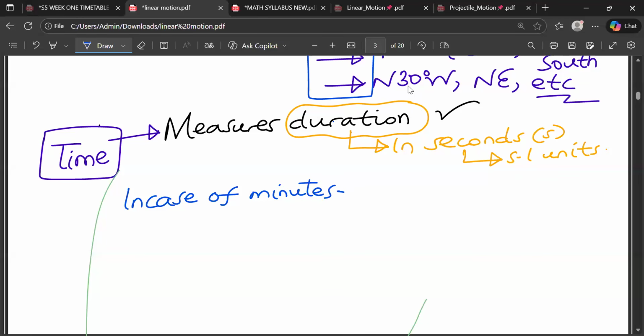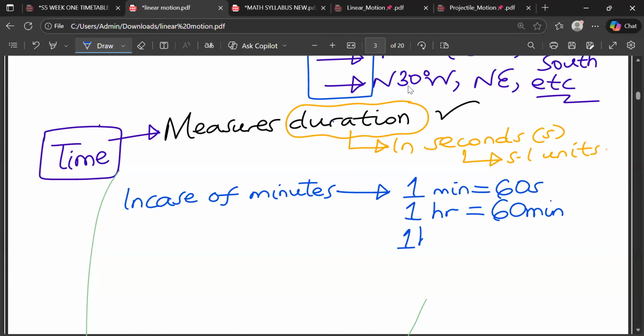So in case of minutes, you should know what to do. That 1 minute has 60 seconds. Then you should know that 1 hour has 60 minutes. That means 1 hour has 3600 seconds.